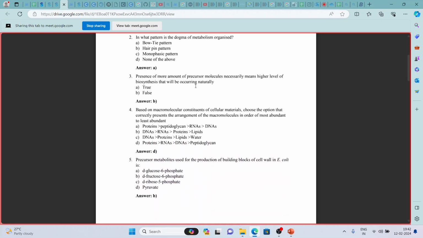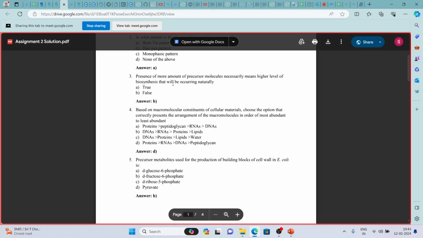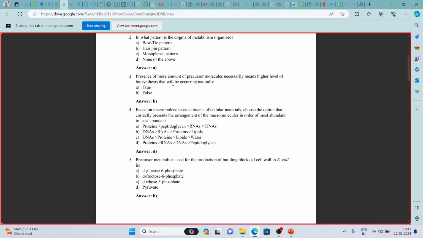Third question is: presence of more amount of precursor molecule necessarily means higher level of biosynthesis that will be occurring naturally. This was also discussed as a part of week two's problem solving session. What one needs to understand is that just because a precursor molecule is available, that doesn't mean that the cell will utilize or synthesize more of the macromolecule that is needed.